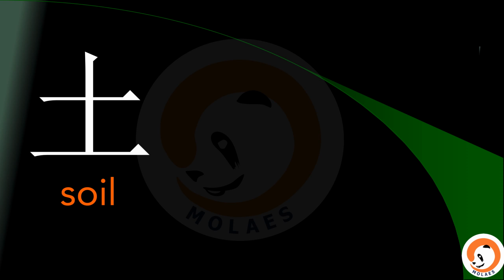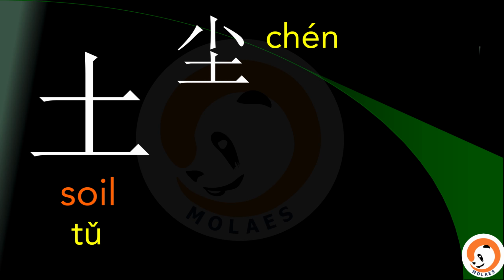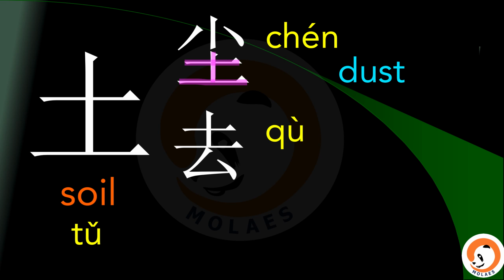Soil radical is also a character. 土. 尘, small 小 on the top, soil 土 on the bottom, is dust. 去, soil radical 土 on the top.